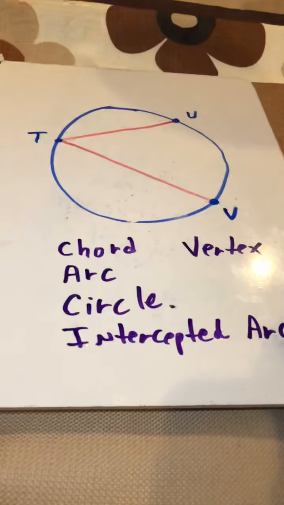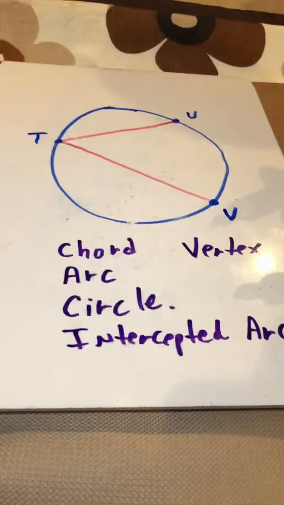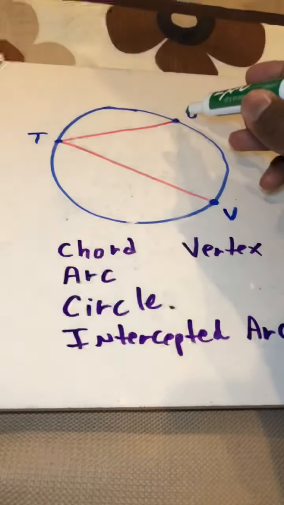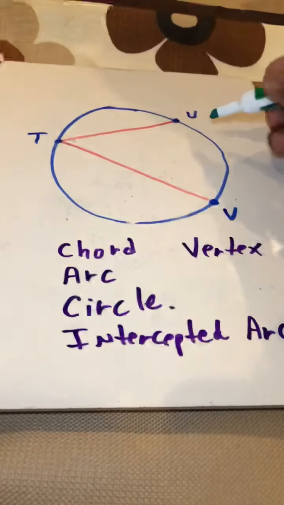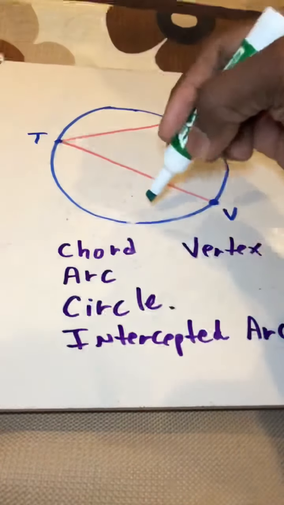Okay. So as you see, these are two chords that form the angle UTV. So these are arcs out here.